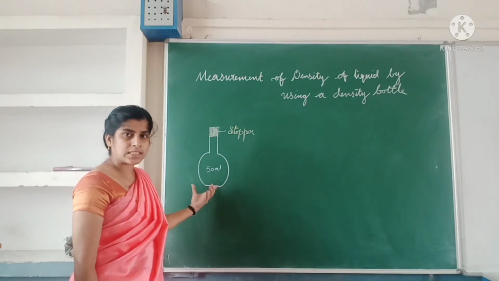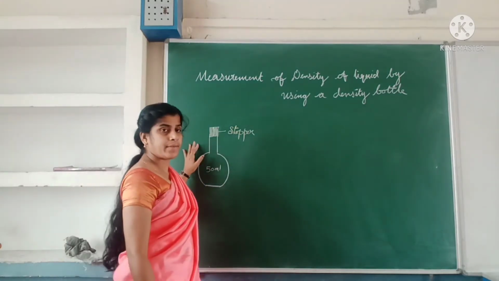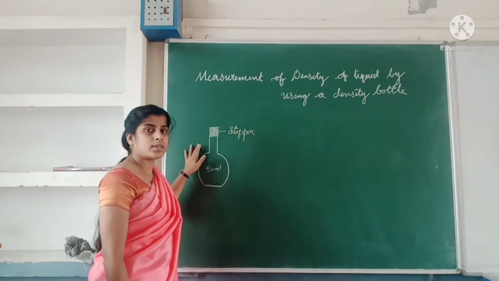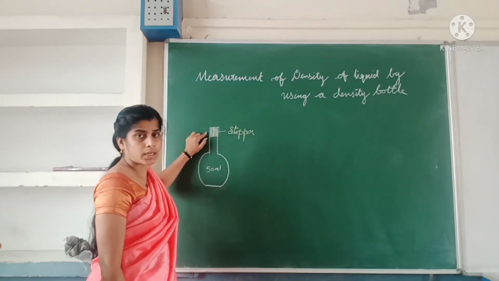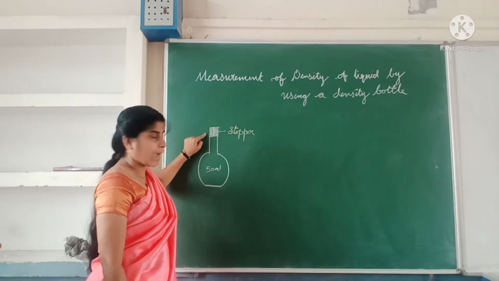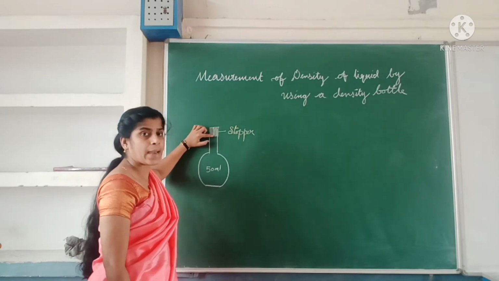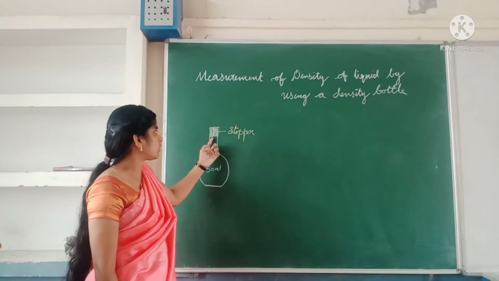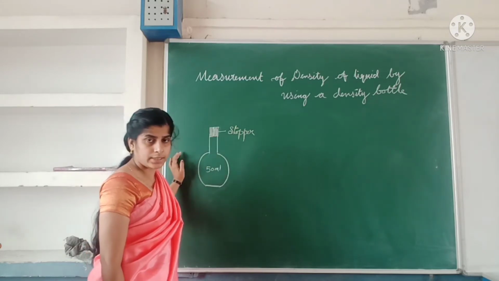The density bottle is a transparent glass bottle, and it has a close-fitted round glass stopper on the neck. This is the glass stopper, and inside there is one small tube, that is called a capillary tube. Is it clear?